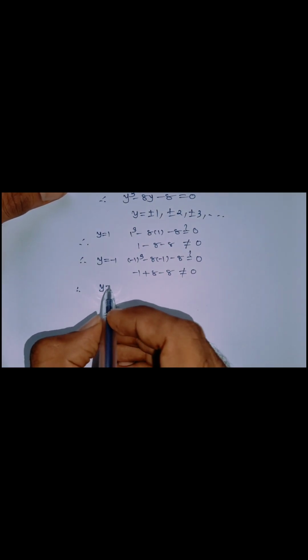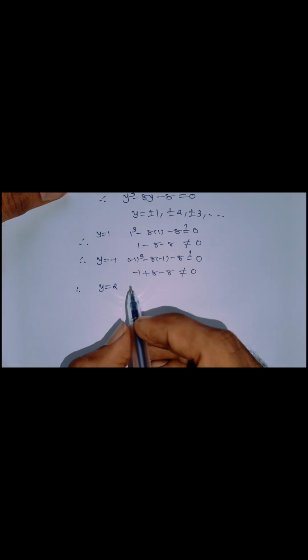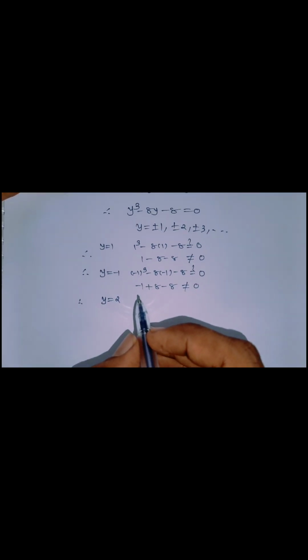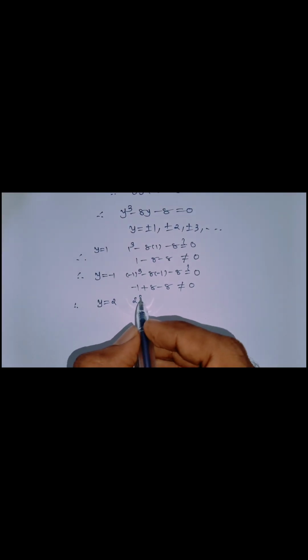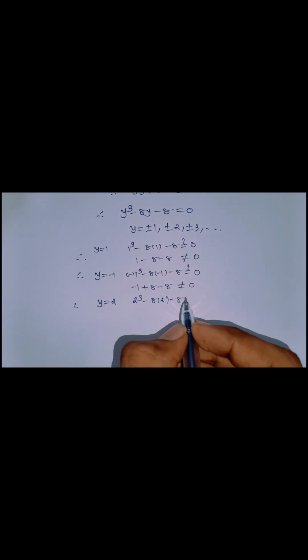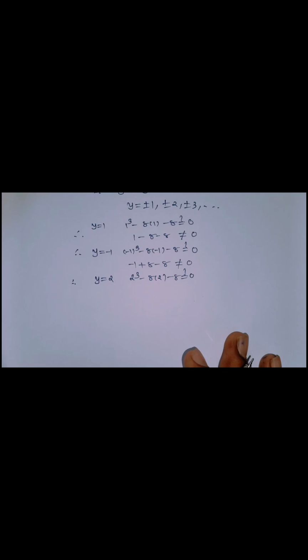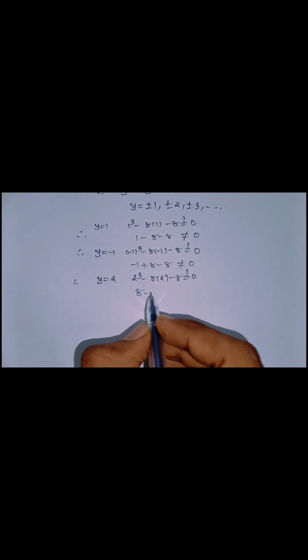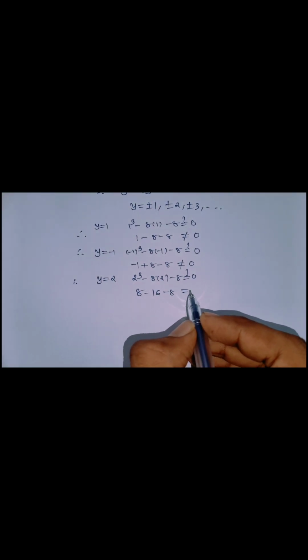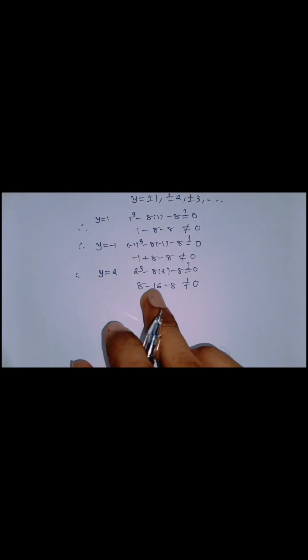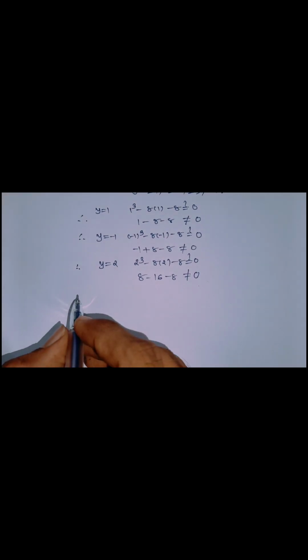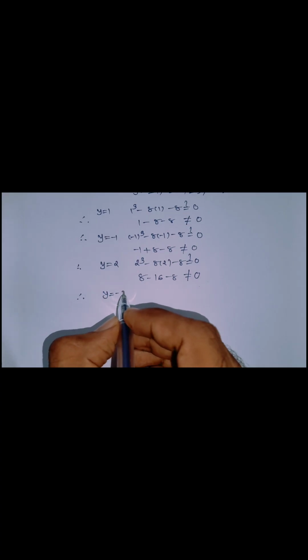Now check y is equal to 2: 2 cube minus 8 into 2 minus 8 equal to 0, possible? 8 minus 16 minus 8 is not equal to 0. Clear? 8 minus 8 is 0, but minus 16 remains.